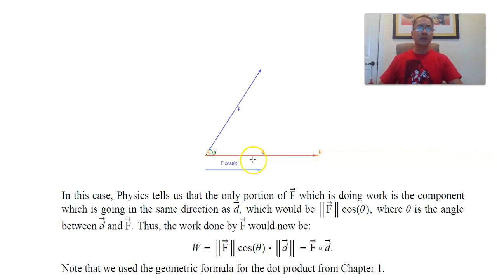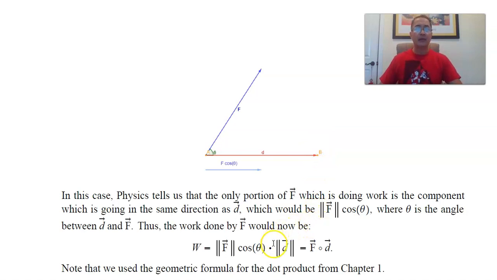Of course, it doesn't matter if your displacement is going this way and your force is going this way. When you multiply F by the cosine of that angle, that gives you the amount of that force which is in the direction of the displacement.